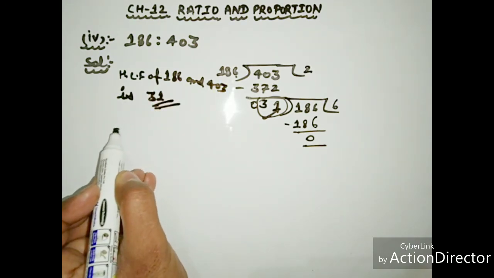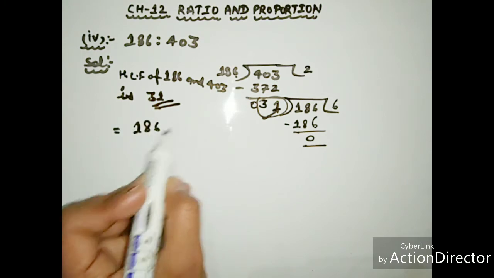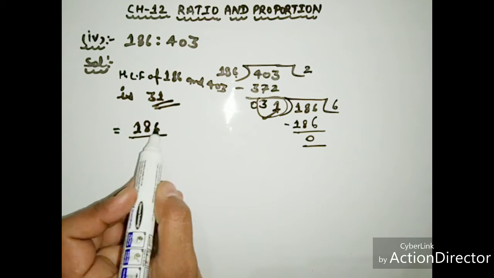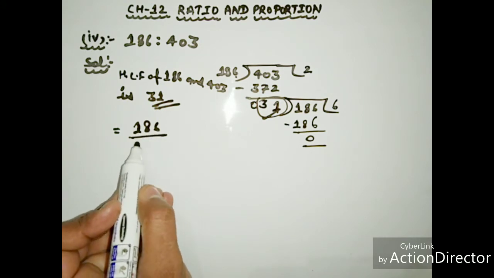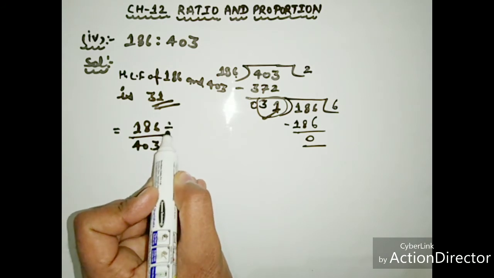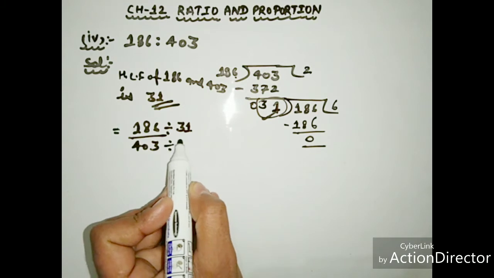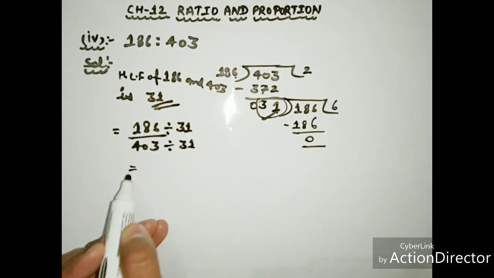Now here we write 186 ratio 403 in fraction form, 186 upon 403, and divide 186 by 31 and 403 by 31.